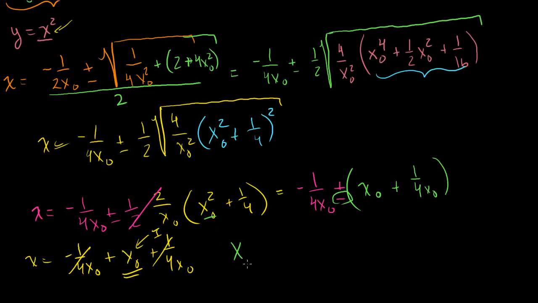So x, I'll just call it in the second quadrant intersection, it'd be equal to minus 1/4 x naught minus this stuff over here. Minus this stuff there. So minus x naught minus 1 over 4 minus 1 over 4 x naught. Now what do we have? So let's see. We have a minus 1 over 4 x naught minus 1 over 4 x naught.